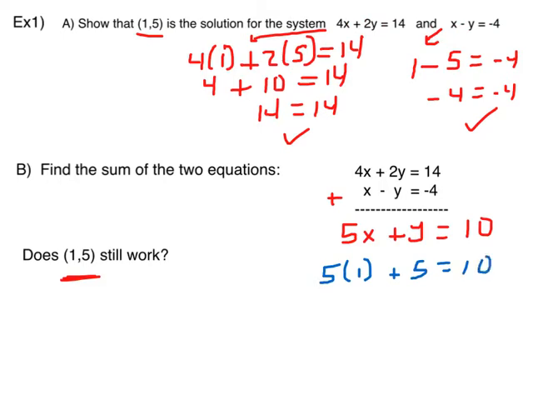Does that equal 10? 5 plus 5 is 10, and sure enough, 10 equals 10. So it does work. Just because I added the two equations, the solution is still good. It's kind of like the commutative property all tied in there. But we're going to keep going in example 1. There's more to this yet.